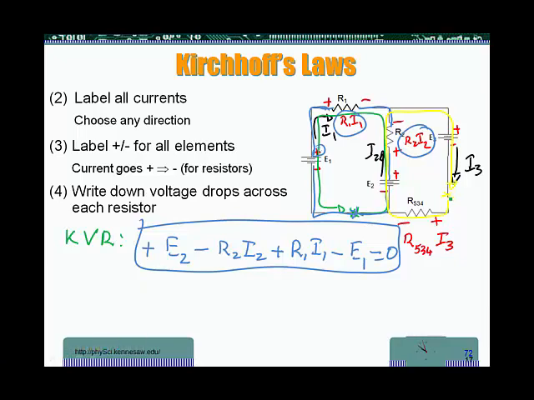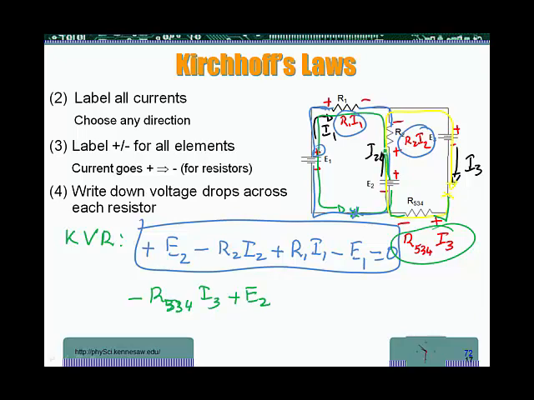So starting at this point, the first thing I meet is a plus of a resistor. So I go from a plus to a minus. And the voltage drop across that resistor is R34I3. So it's going to be minus R34I3. And then I meet up with E2, but the minus of E2, so we go with plus E2.